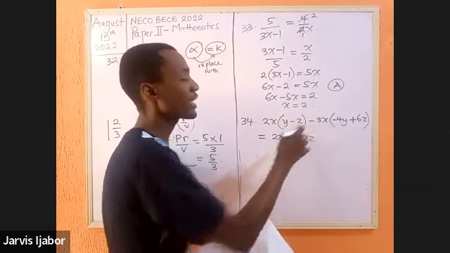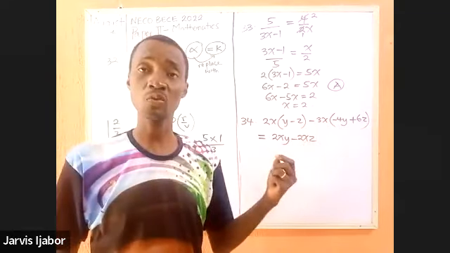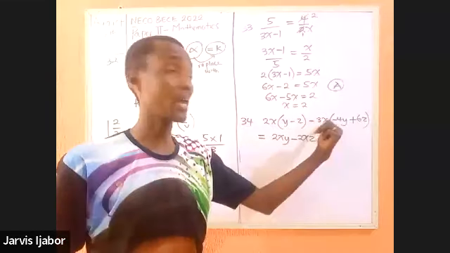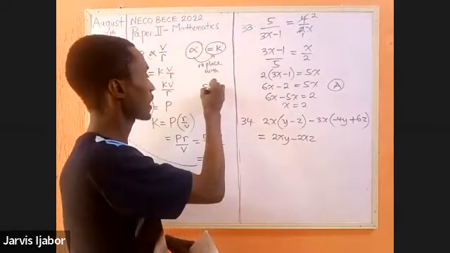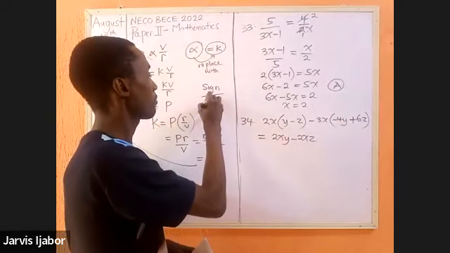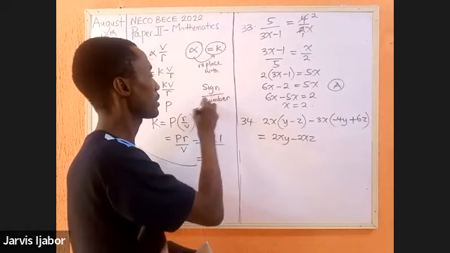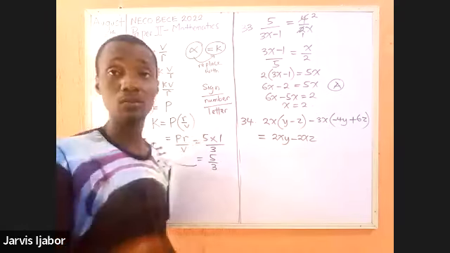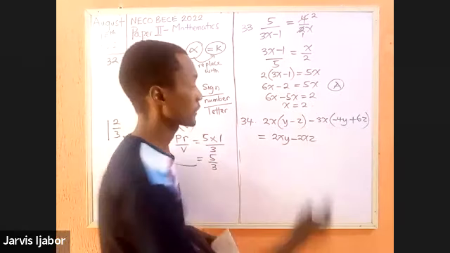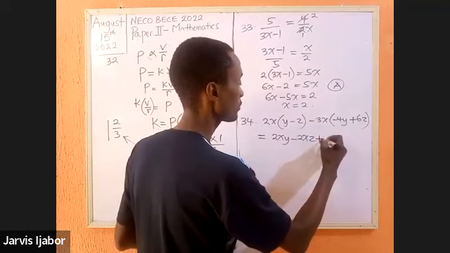Now, when we come to the negative here, this is where we need to be very careful. Negative times negative will be what? Positive. Remember our concept of sign, number, and letter. Always remember this concept in that order.